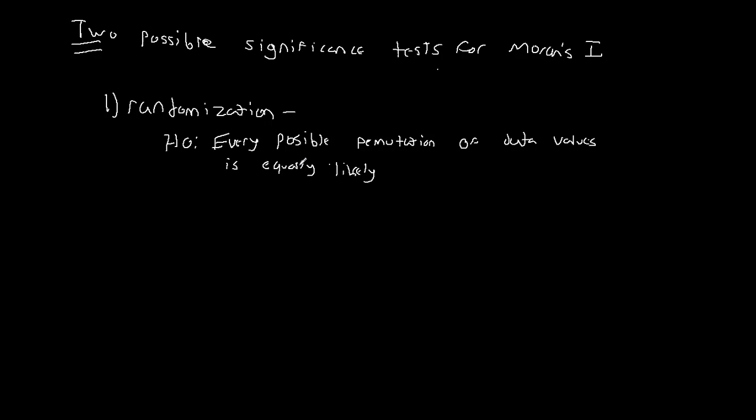So ideally here, if we reject this null hypothesis, if our p-value is less than 0.05, we reject the null hypothesis.